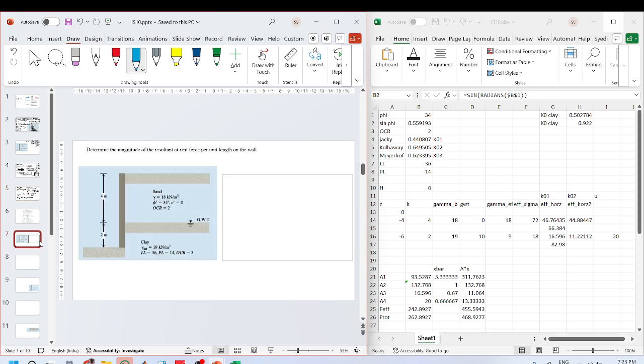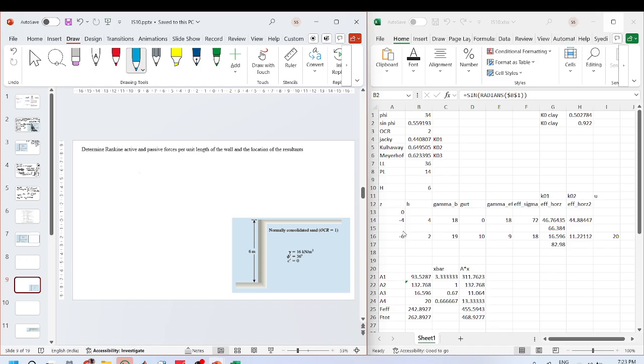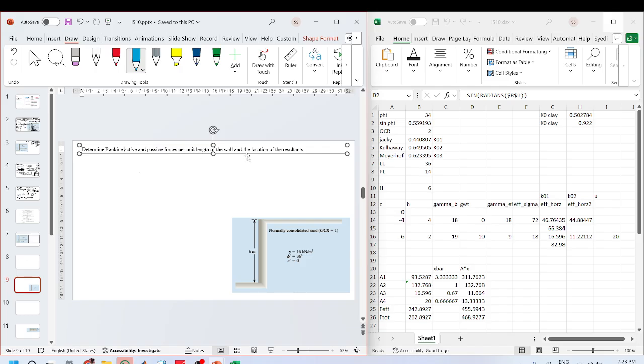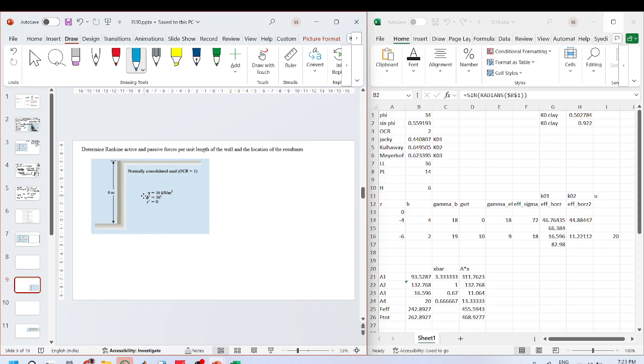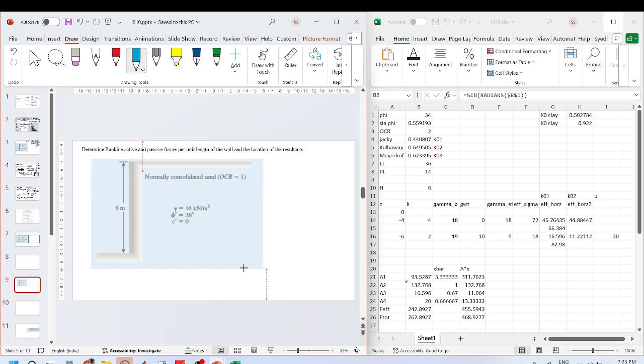So next question. Determine Rankine active and passive forces per unit length of the wall and the location of the resultants. Let's do that.